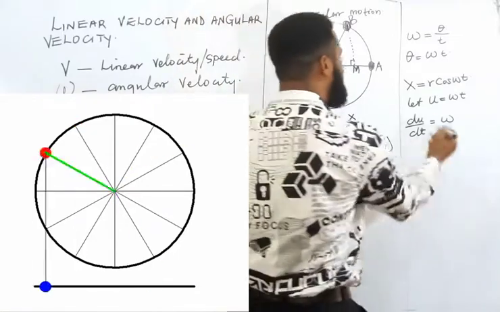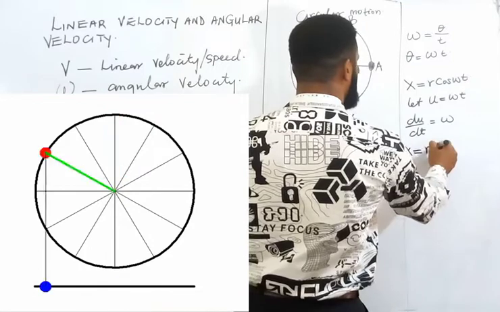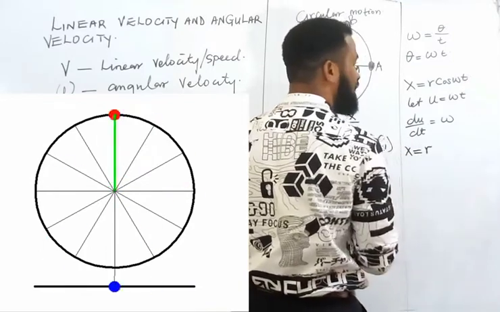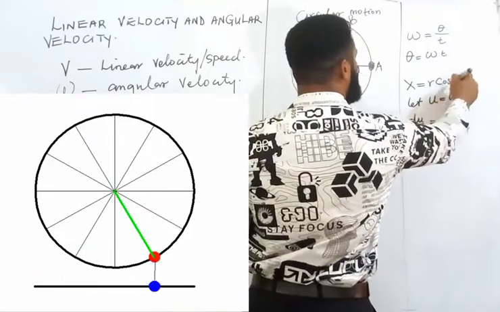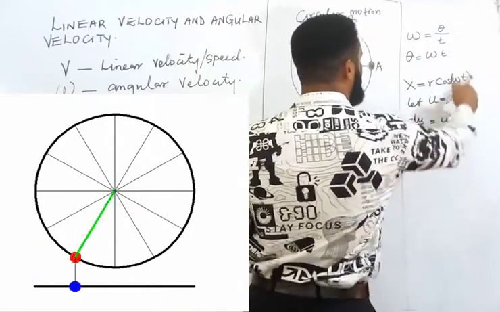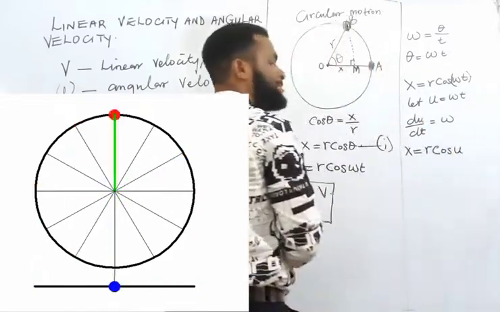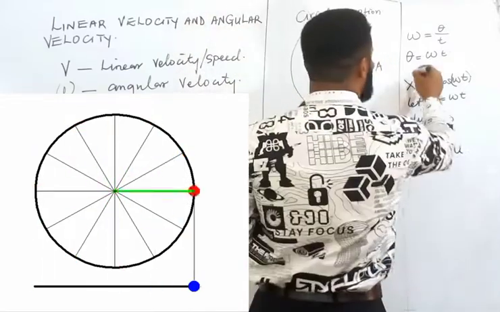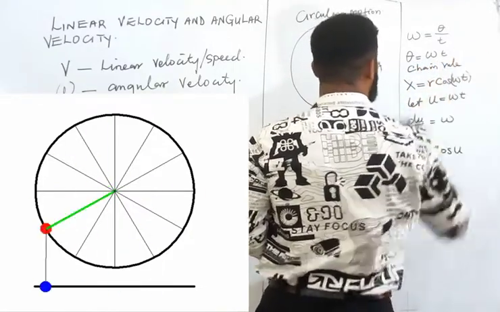Now, after this, I'm going back to say that x is equal to the radius or the amplitude, r cos, where this function is given as u. I am going to apply the chain rule. I will call it function of a function.